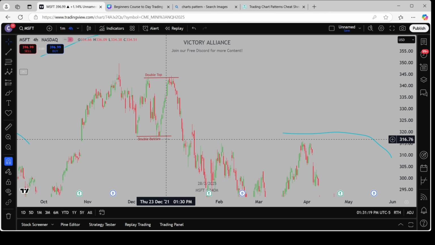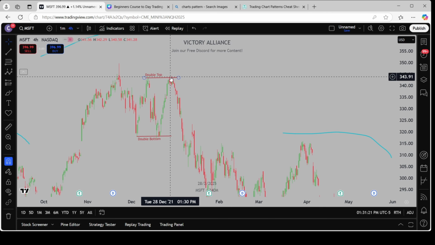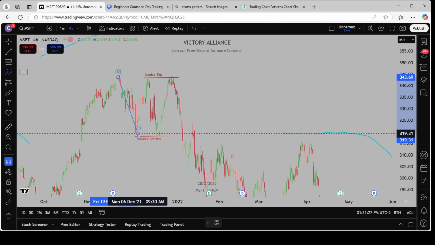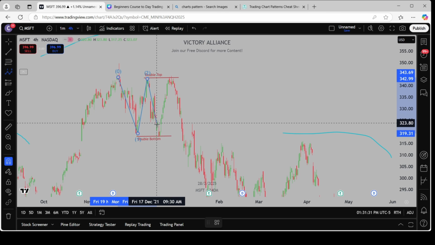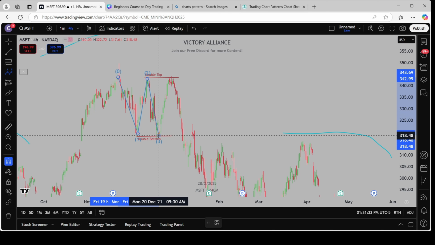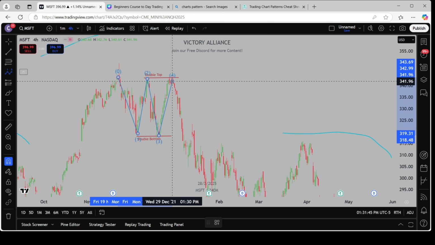Here's another double bottom. Look at that. Followed by also a double top. All right. Came down, hit that level, came back up, came back down, hit that level. This is an entry. We can get an entry on this right here. Whether you want to buy this long term, well, I wouldn't say long term because you want to look at a further timeframe.